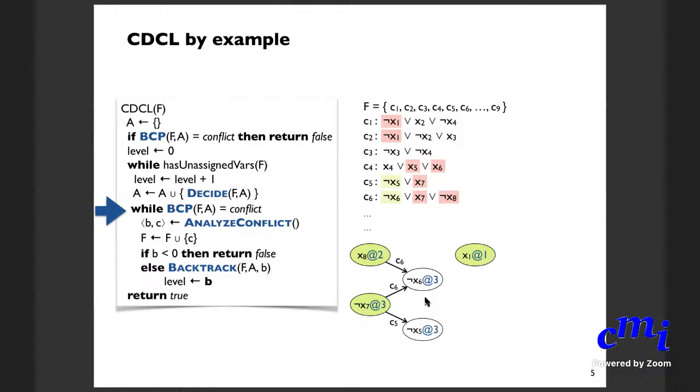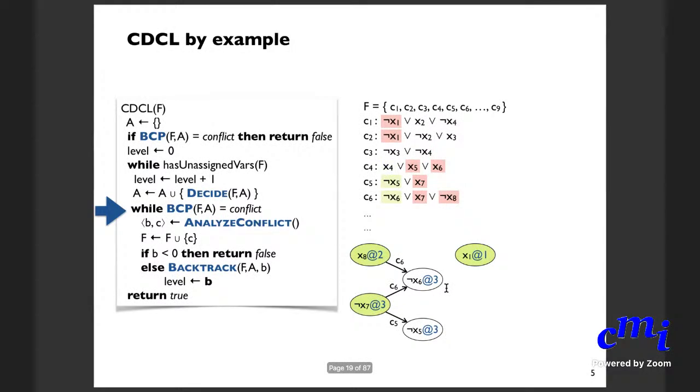So then what? After an implied decision on X6, what will happen? Let's see. C4, for example, now has X6. As a result of X6 and X5 being implied, C4 becomes unit, which forces the decision on X4.